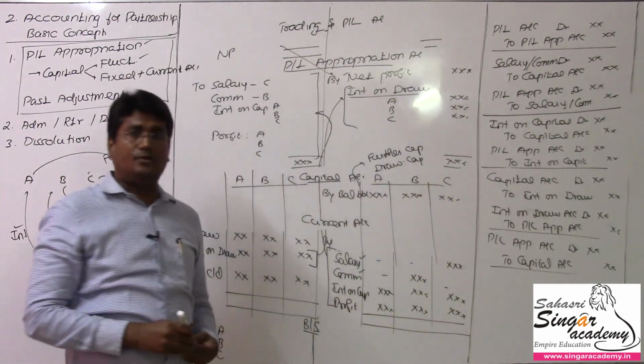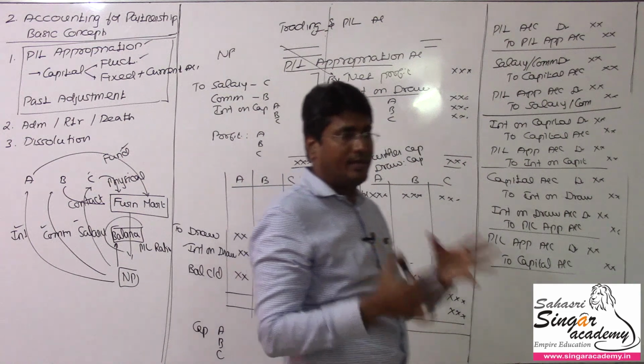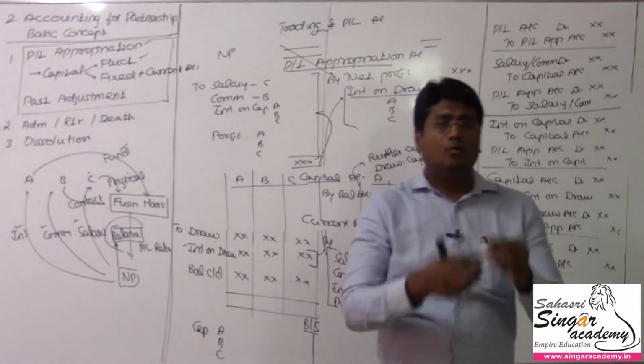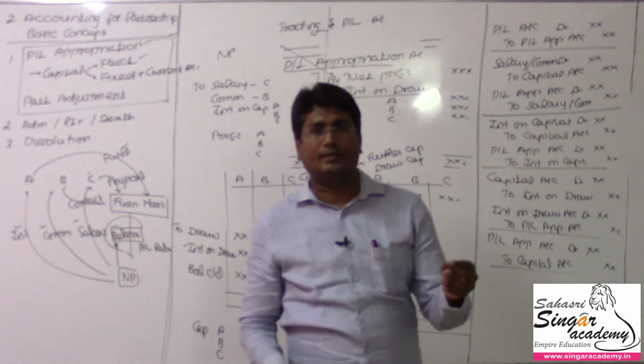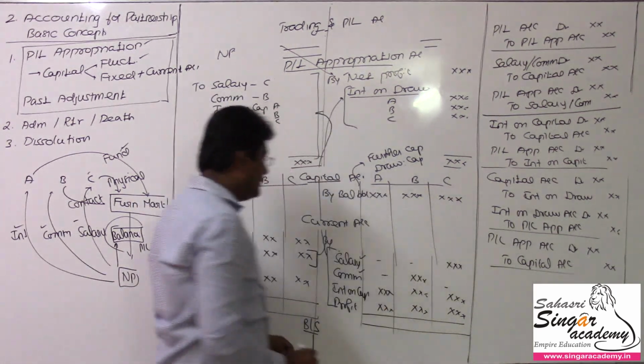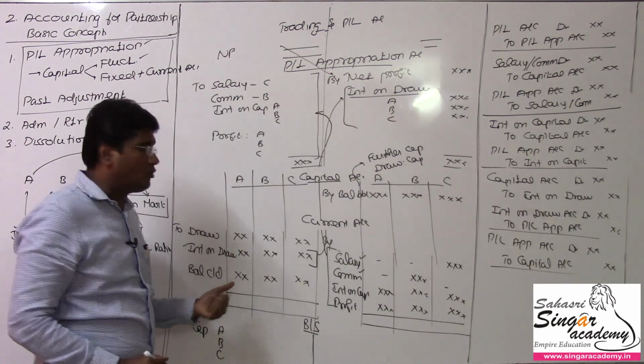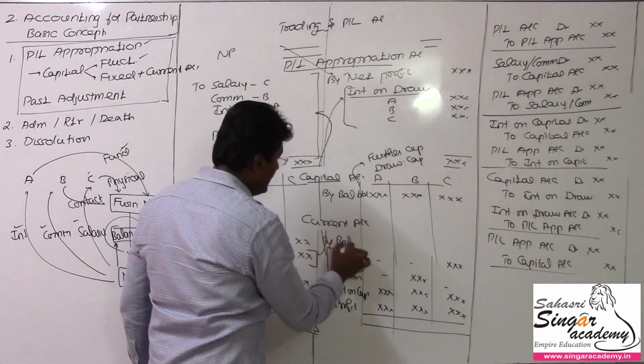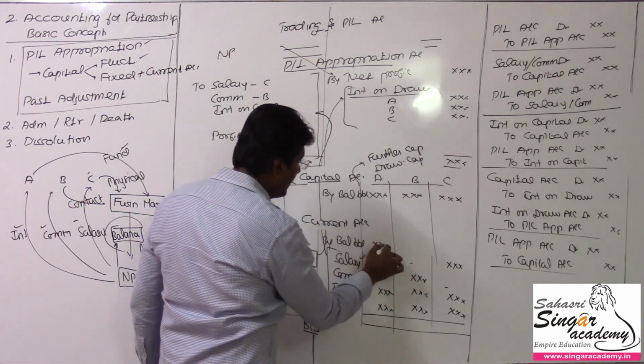If they find huge funds remain unutilized for the business purpose and want to reduce their capital by withdrawing, that will come here; the rest will not come here. And whatever balance you get is called the current account balance, which will be the opening balance in the next period. So, balance brought down of the current account.